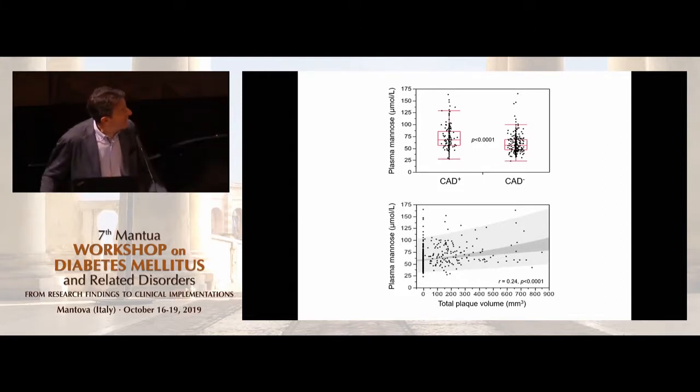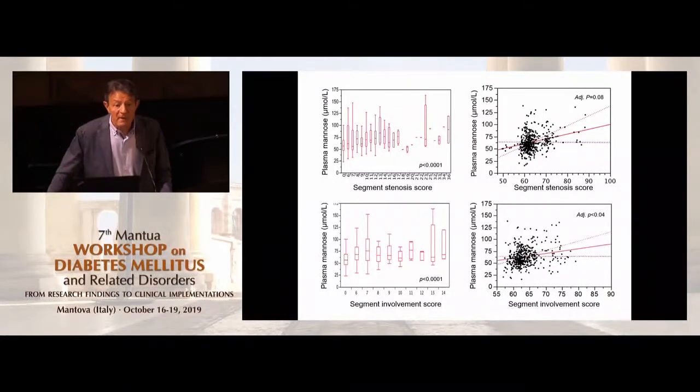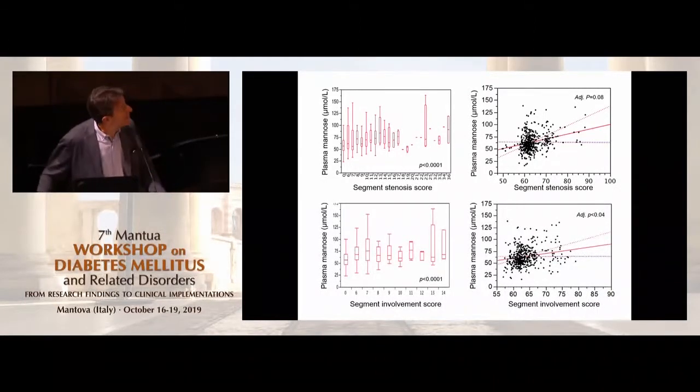And what we find is that there is some association with total plaque volume and with these indices of involvement of the coronary tree that is explored by CAT. So the segment stenosis score, the segment involvement score, which is the quality of the plaque, and so on and so forth.